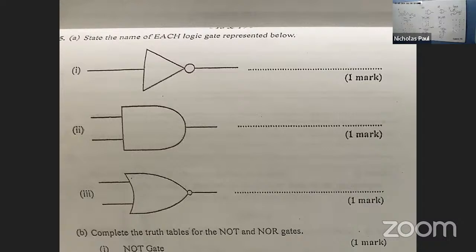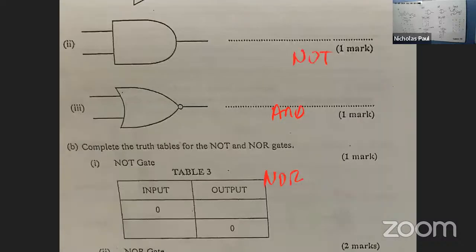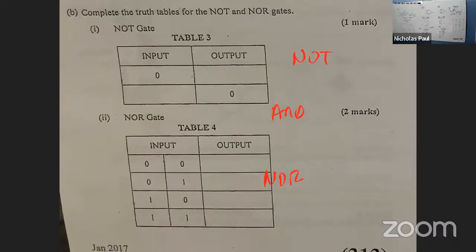All right, first one is what? Easy, right? Easy marks there. Next one. Fill out that truth table fast. That's part P in it.